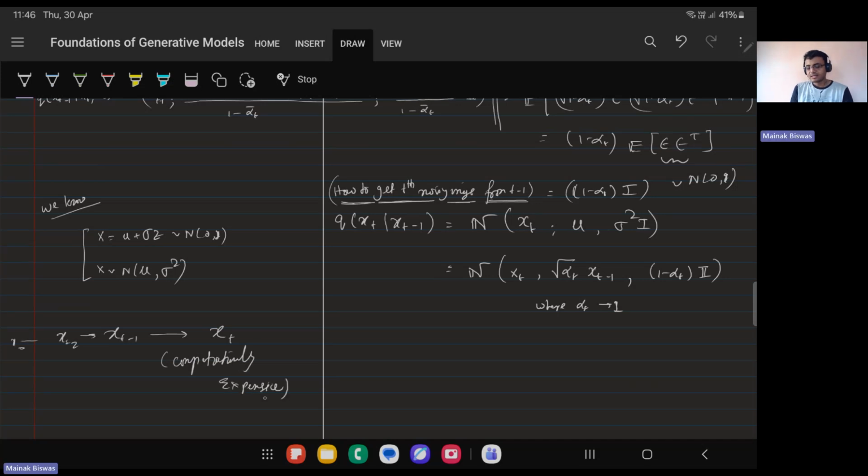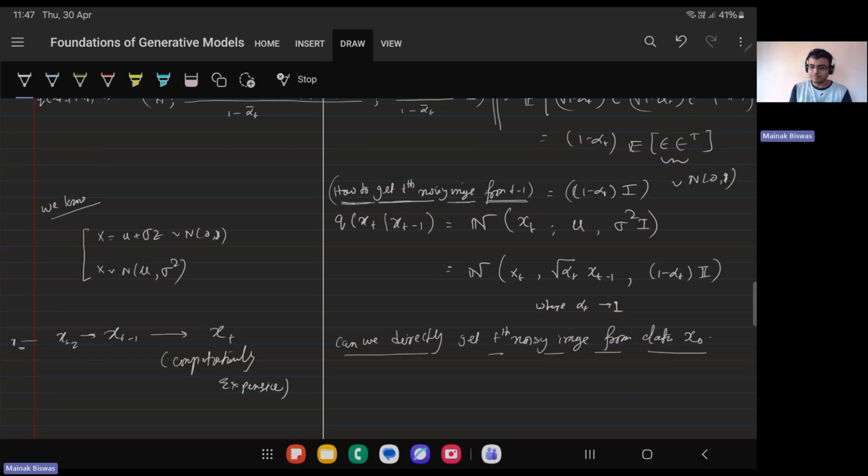So the idea is, can we directly get the tth noisy image from data x0? So this is the idea that I have, right? So can I directly get the tth noisy image from the data x0?